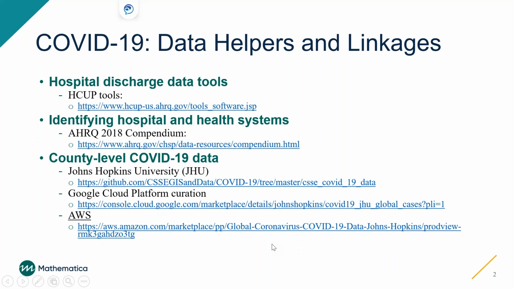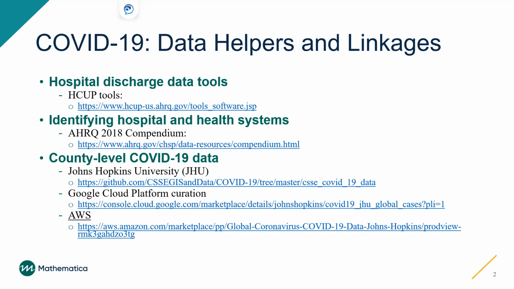However, for anyone who's looking to link that to their own data sets, and we'll talk about that later, about why you might want to link that information to your hospital discharge data, we encourage you to think about the curated data that's either on the Google Cloud Platform or AWS. A benefit of using a curated data set is that right now Johns Hopkins can change their schema or data can go in and out. And like real-time claims, every day and sometimes multiple times a day, those data are being updated.